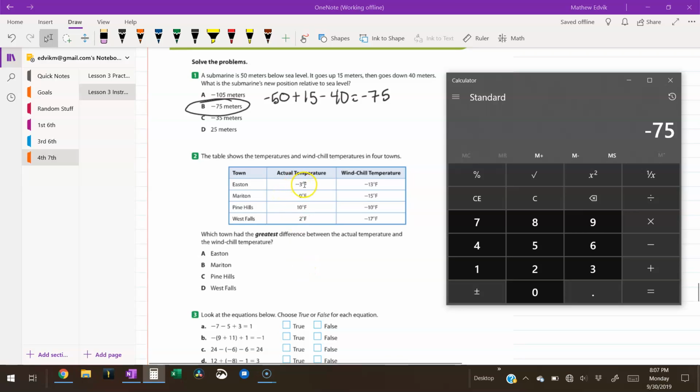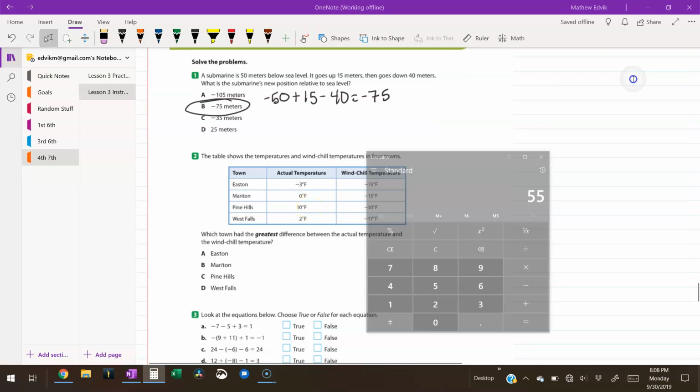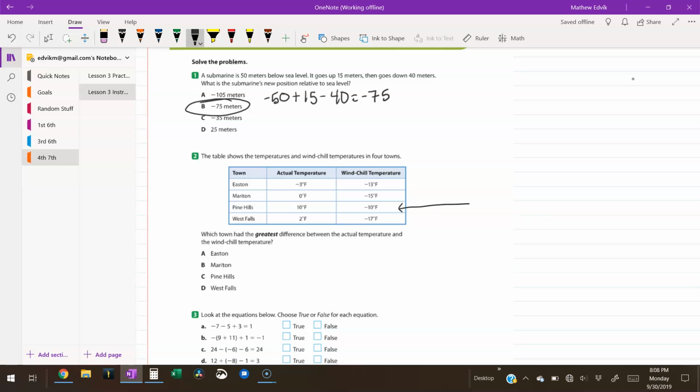Well, here we're at -3 to -13, so that is 10 between those two. 0 and -10, that's a difference of 15. 10 and -10 ends up being a difference of 20, because you've got 20 spaces in between those.